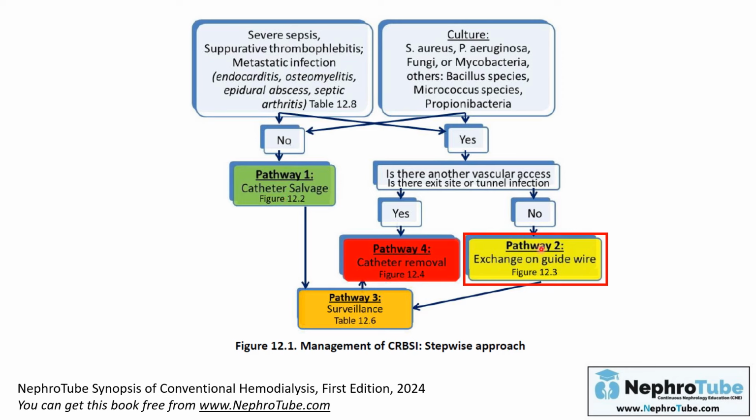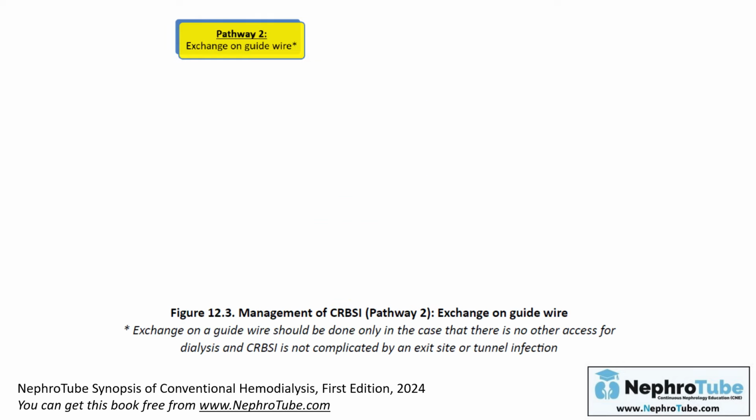What about exchange on guide wire? This is the pathway that we will use if there is no other vascular access and there is no exit site or tunnel infection. So again, I have to mention and stress this point that exchange on guide wire can be done only in the absence of exit site or tunnel infection.